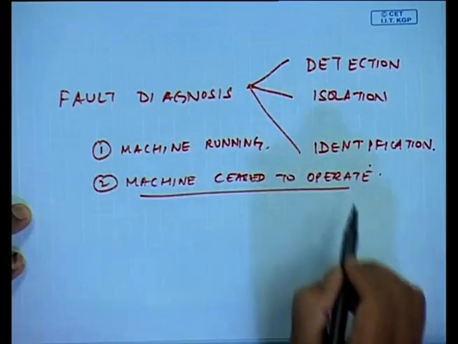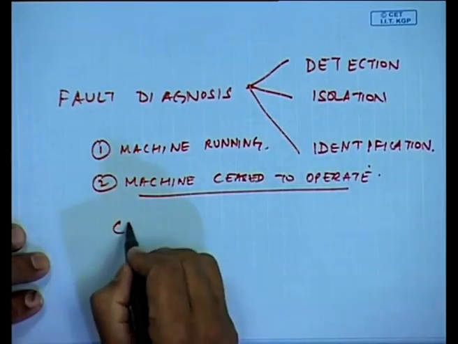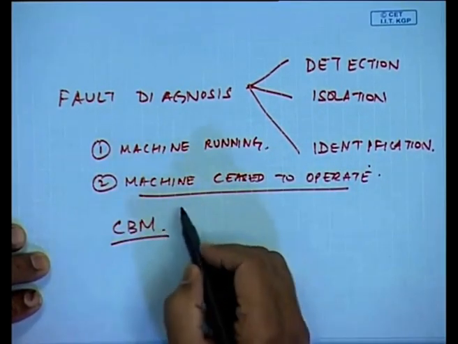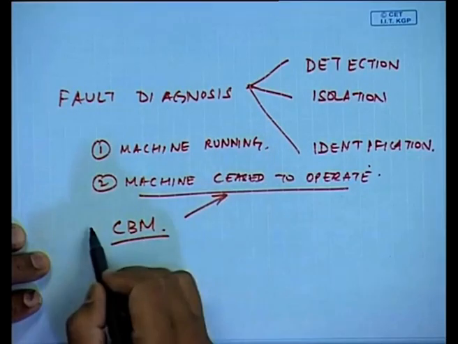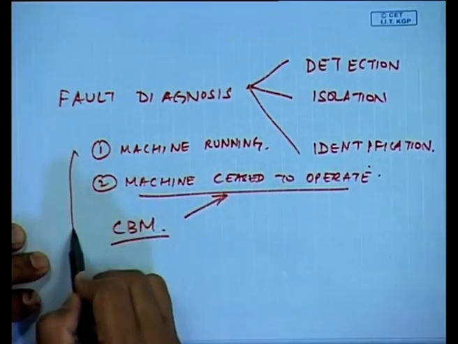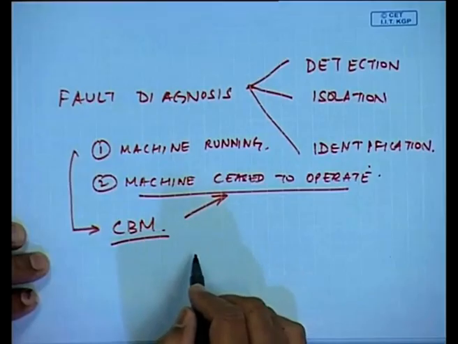As I was telling in the last class, CBM is not good for a machine which is not operating. So, we will use CBM mostly for the case when the machine is running.